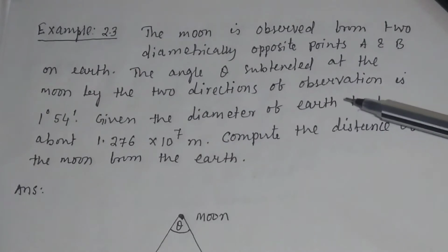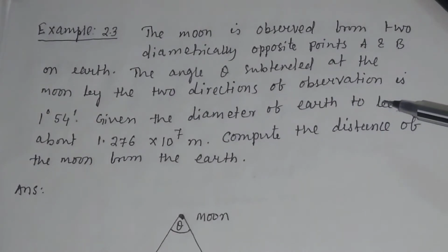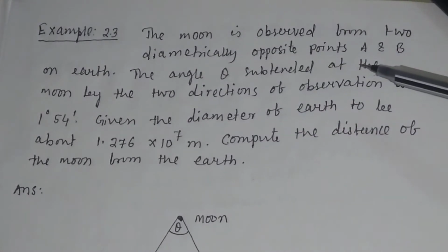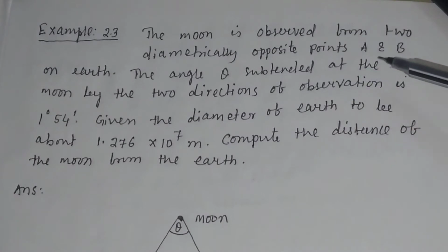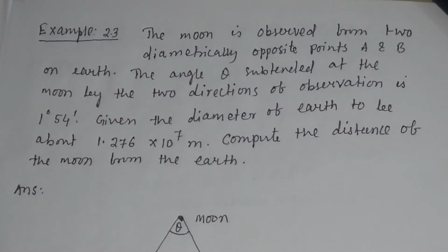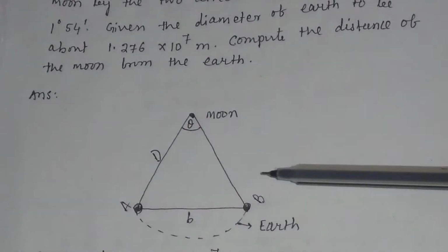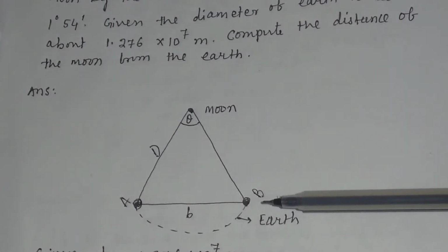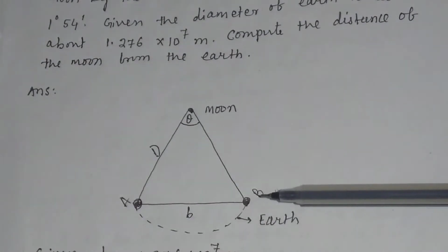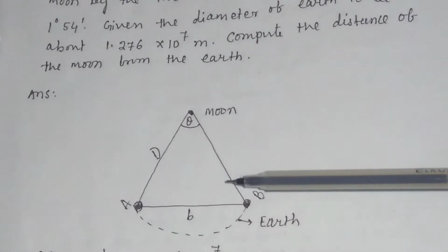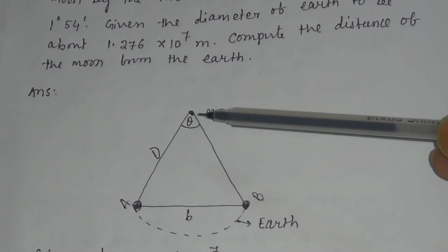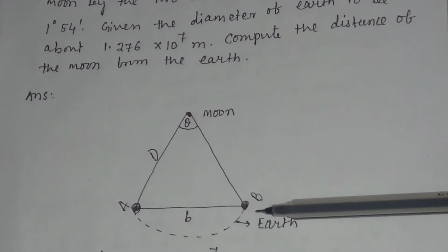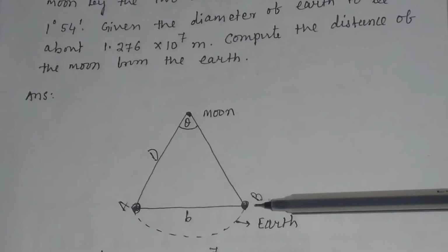Now let us work out this problem: how to compute the distance of the moon from the earth. The moon is observed from two diametrically opposite points A and B on earth. You see in the figure, these are two diametrically opposite points A and B on the surface of earth, and the moon is observed here.